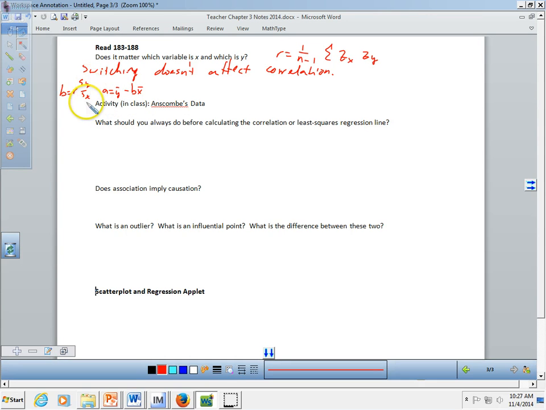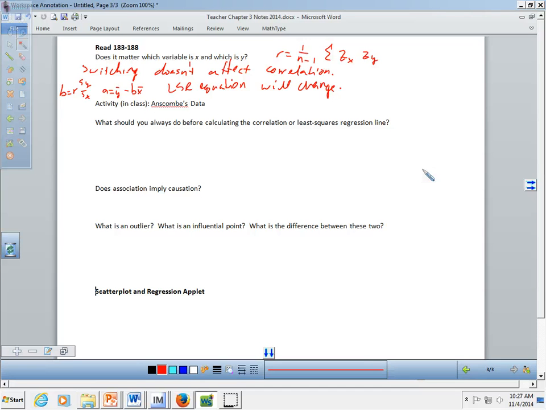Unless the standard deviation of y is the same as the standard deviation of x, and y bar and x bar are the same, the regression equation will change. So the least squares regression equation will change. But the relationship will not. The strength of the relationship will not.